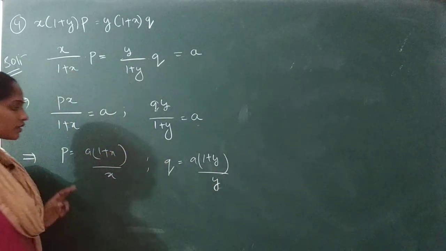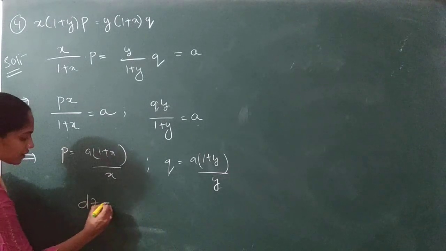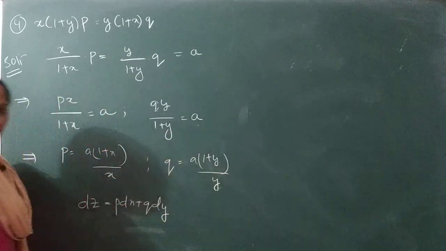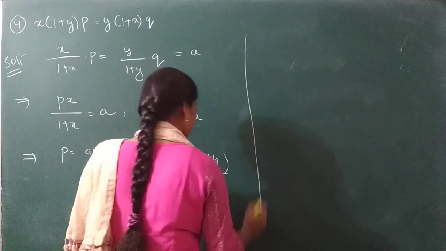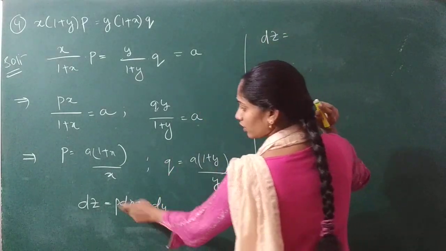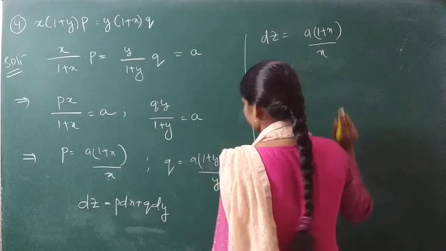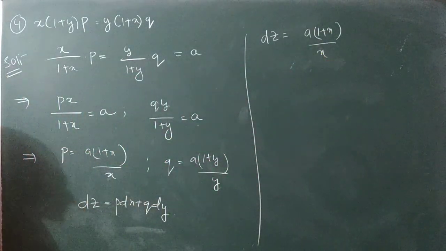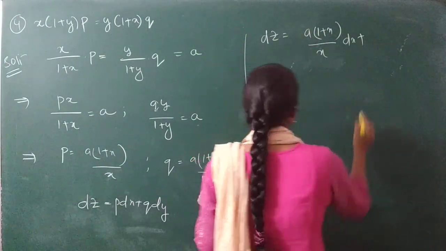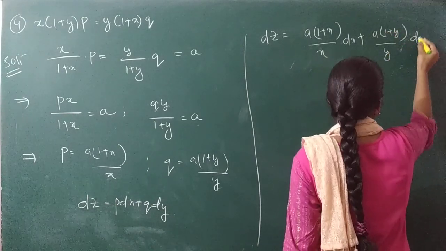So these are the two values of p comma q, and substitute the p comma q values in p dx plus q dy, then integrate. So if you substitute, dz is equal to the p value here, a into 1 by x into dx, plus next the q value a into 1 by y by y into dy.